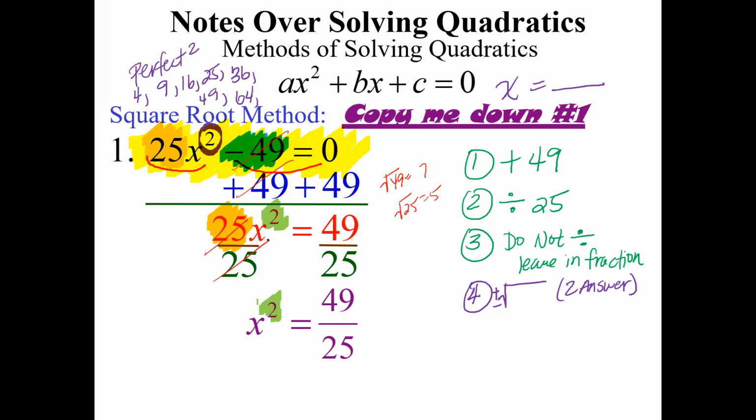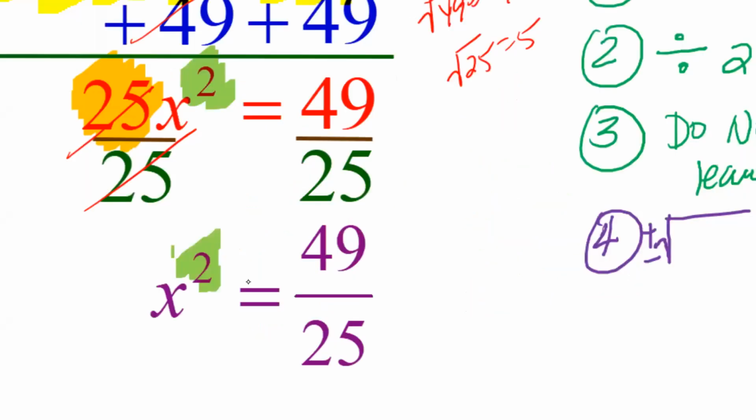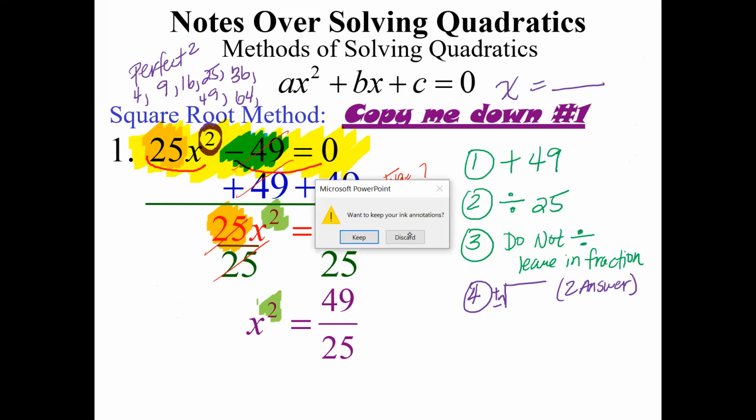Then lastly, you're going to put a square root on both sides. Let's see what's going on here.